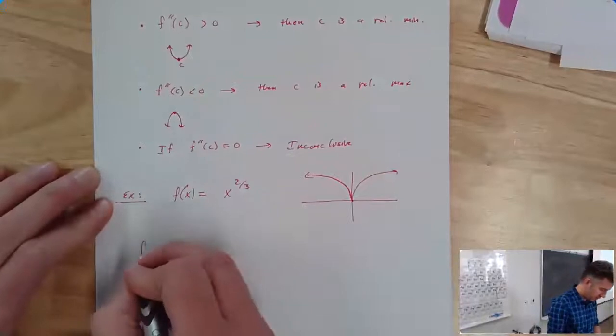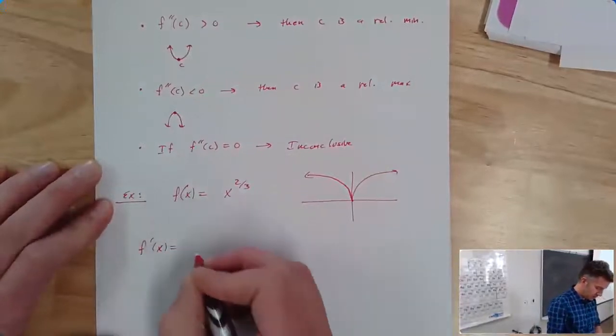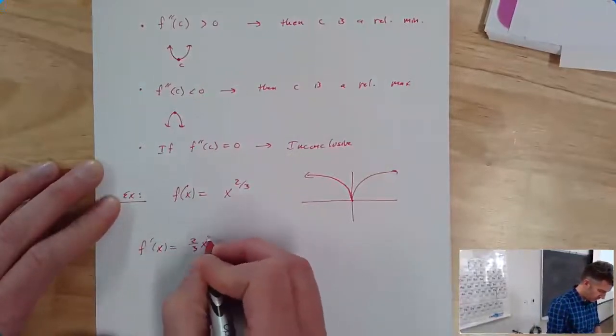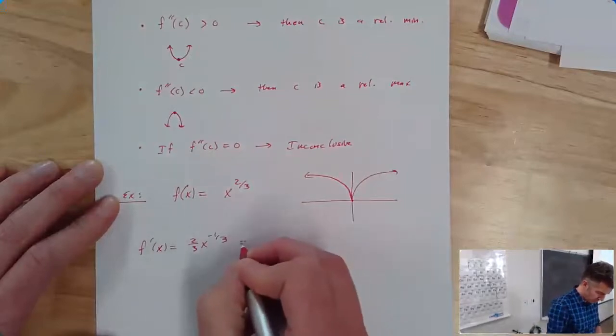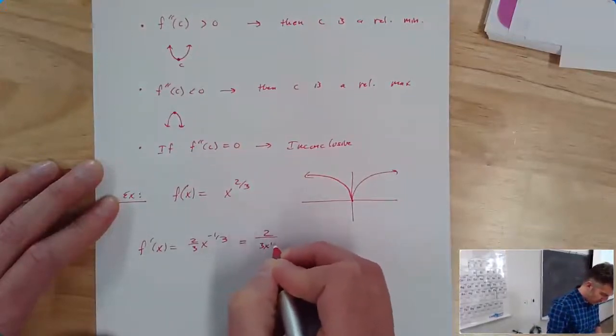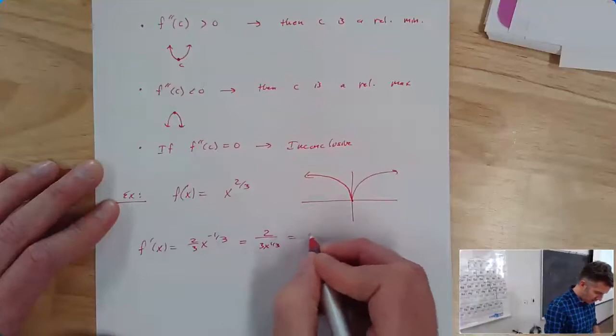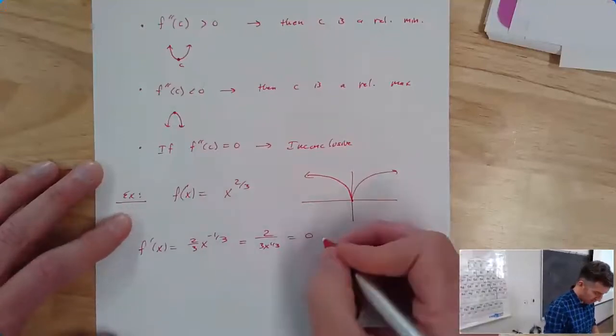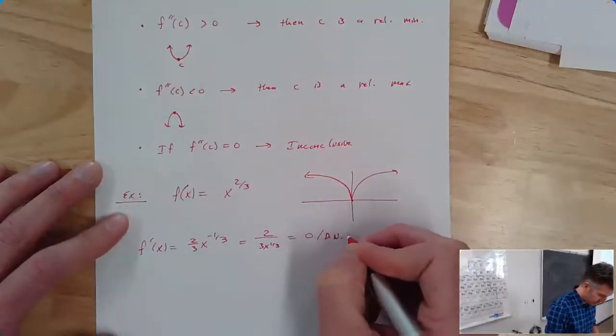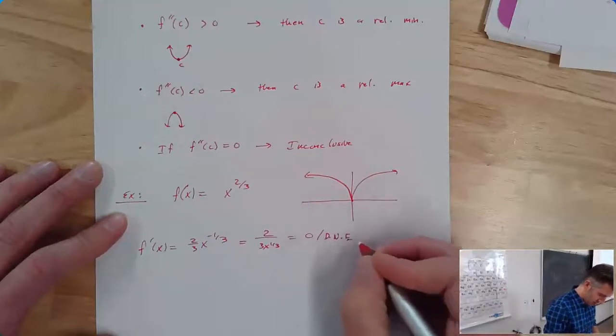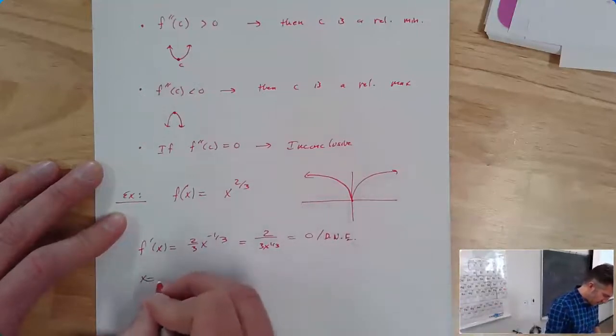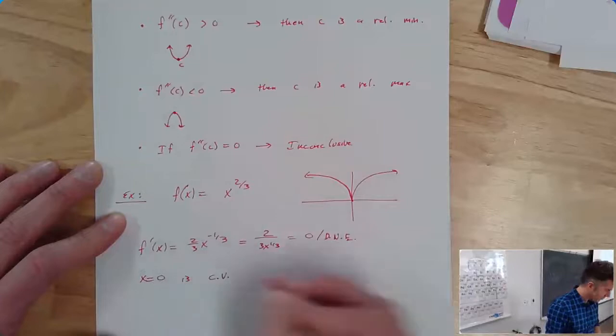If you take the first derivative, it's equal to 2/3 x to the negative 1/3, which is 2 over 3 x to the 1/3. And if we set that equal to 0, you get no solution. If we see where it does not exist, you get x equal to 0. So x equal to 0 is a critical value.